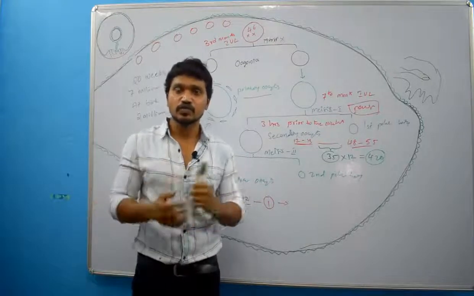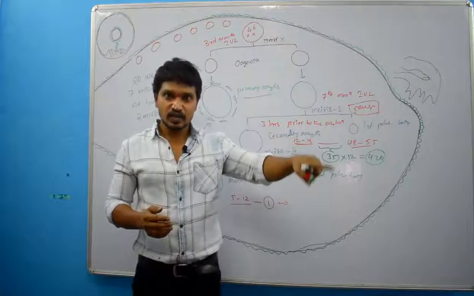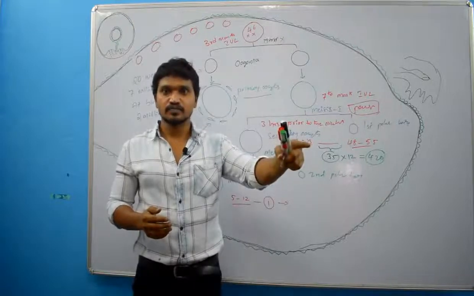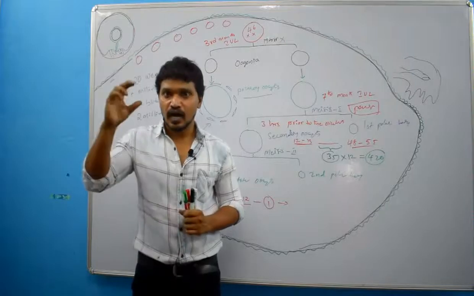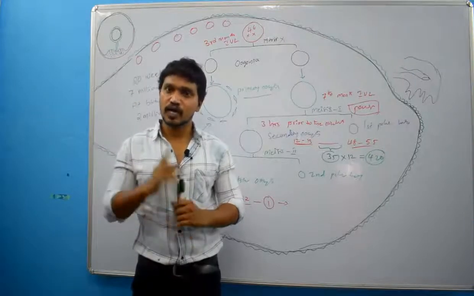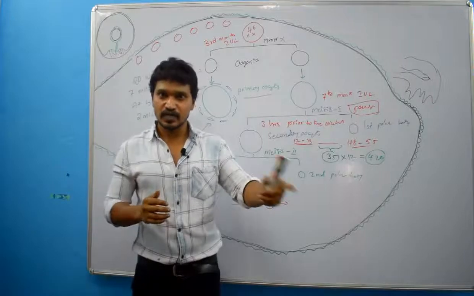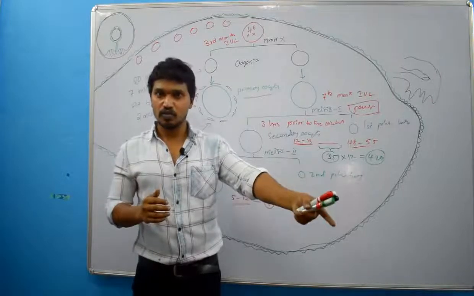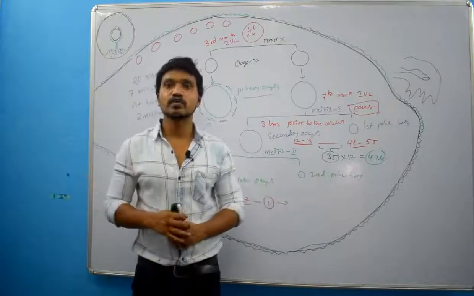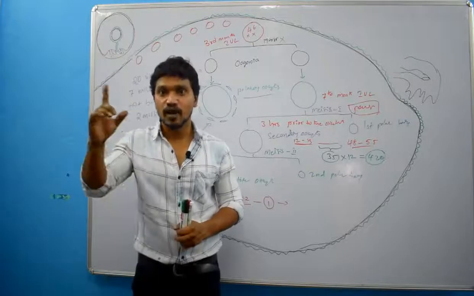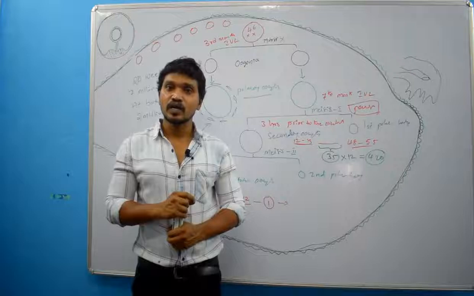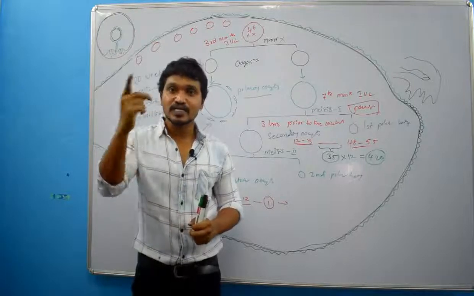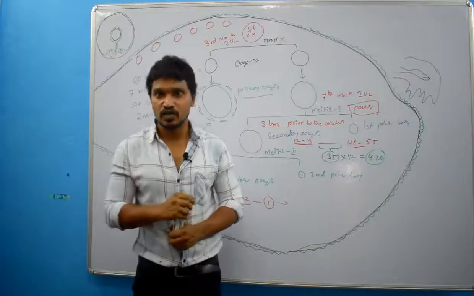If this oocyte fertilizes with a normal sperm containing 23 chromosomes, with 24 chromosomes in the ovum, the resulting zygote contains 47 chromosomes.